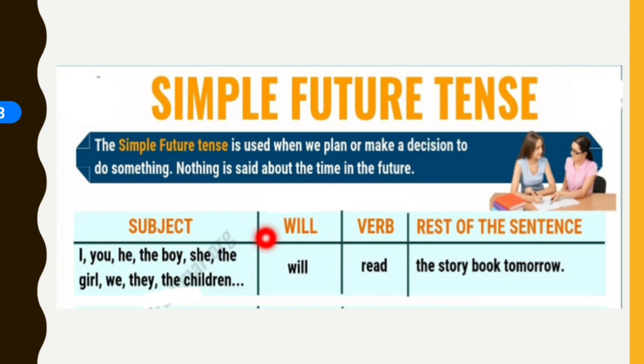With all these subjects, the structure of the sentence remains the same. That makes the formation of sentences in this tense very easy. So the structure remains will plus first form of the verb, then the rest of the sentence, or you may say it is followed by the object.